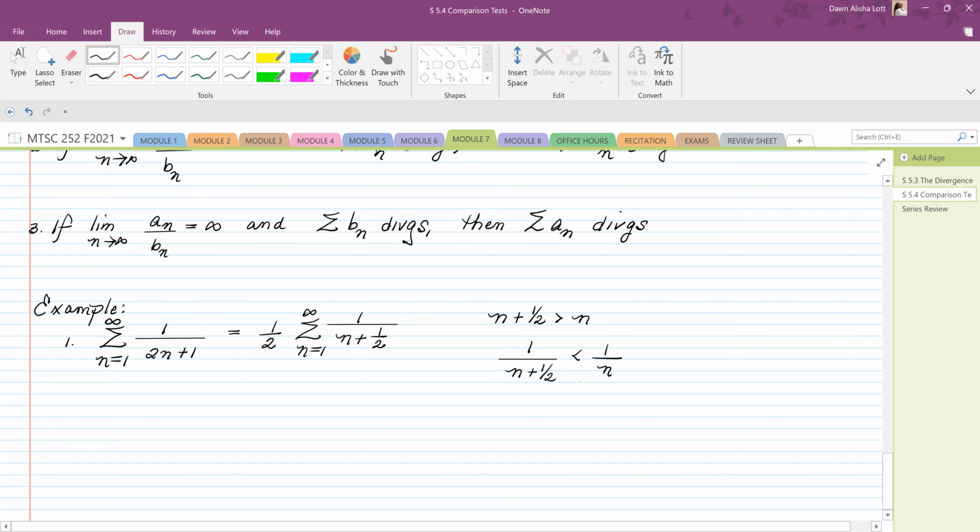And now I have the summation of 1 over n. I know that blows up, but this is smaller than something that blows up. So this doesn't help me. Okay, so nope, this doesn't help me at all. The reason why is because this is smaller than a divergent series. So that doesn't help.